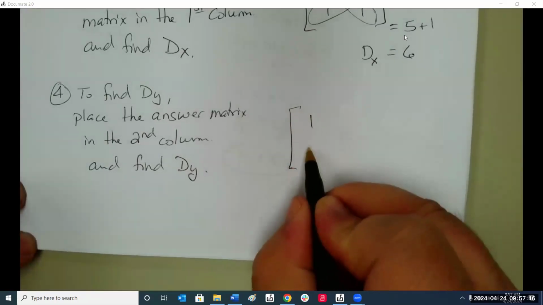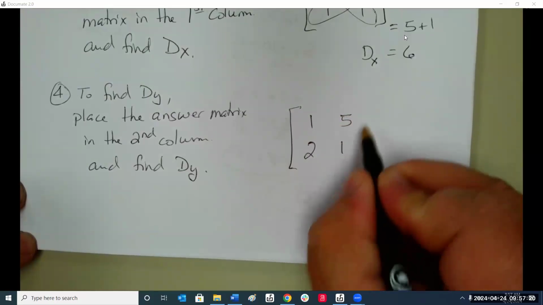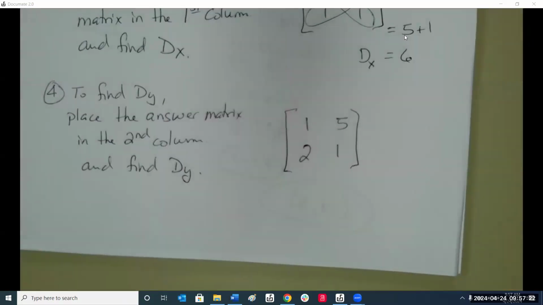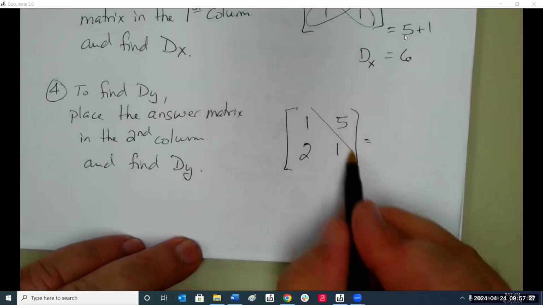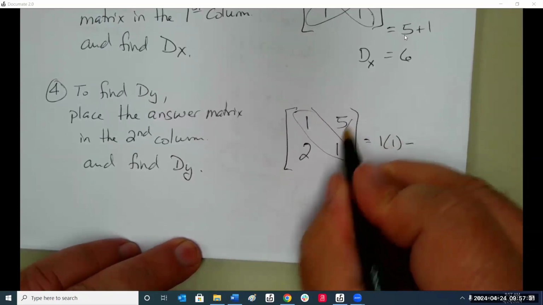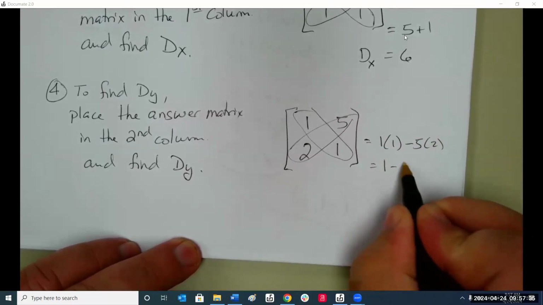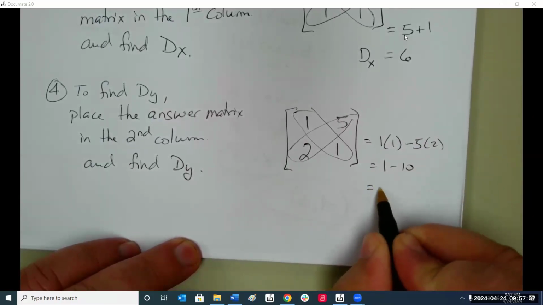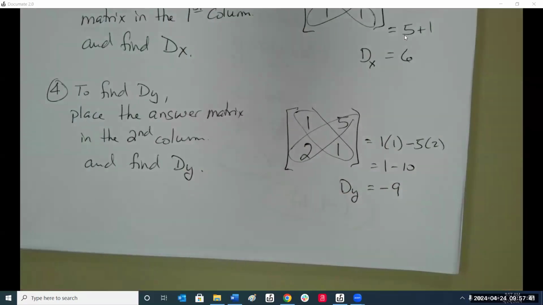So I leave the first one alone, which is 1, 2, and put the answers in the second one. Multiply. That's 1 minus 10 equals -9. That's dy.